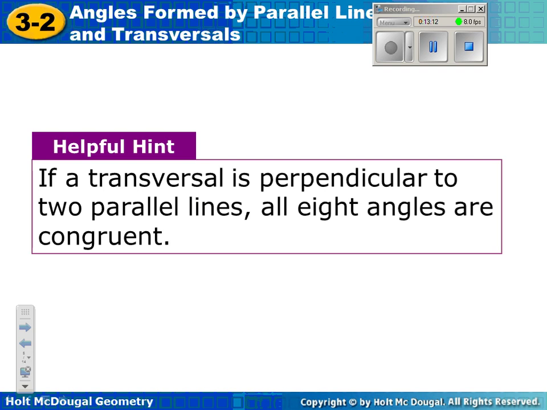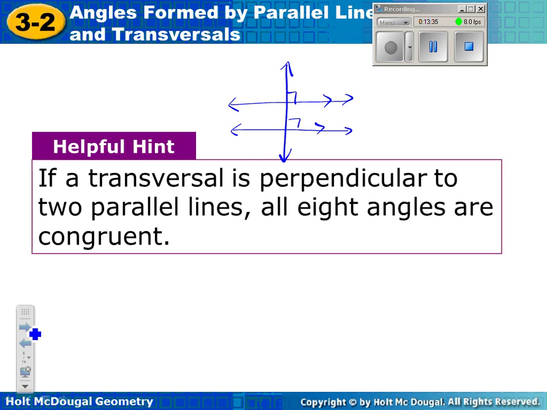If a transversal is perpendicular to two parallel lines, what does it mean if it's perpendicular? Okay, it creates right angles. So if I have a transversal and these lines are parallel, notice the little extra parallel marks, then if this is perpendicular to both of the lines, use what we now know.